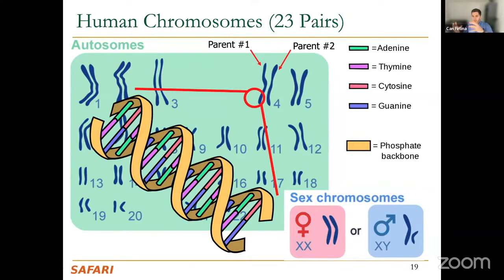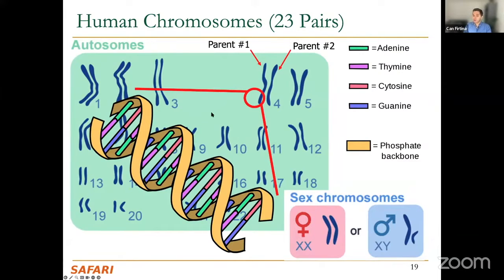But for the other parts that are not compressed and are wide open, we can see the open structure of the double helix of the DNA, and those will contain certain nucleic bases that we call adenine, thymine, cytosine, and guanine, and they bind to each other based on the chemical interactions between them.